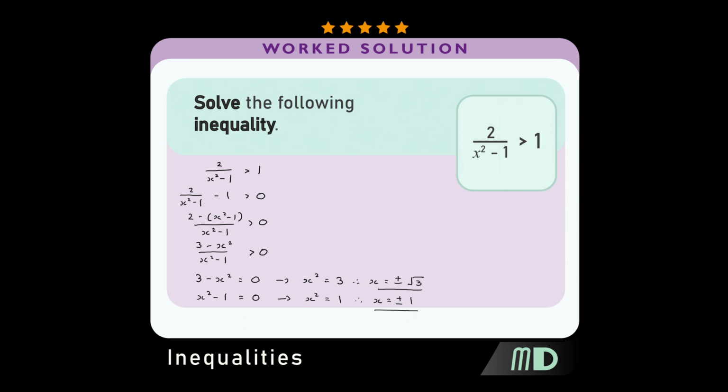These critical values give us 5 sets of values for x that we need to consider separately.